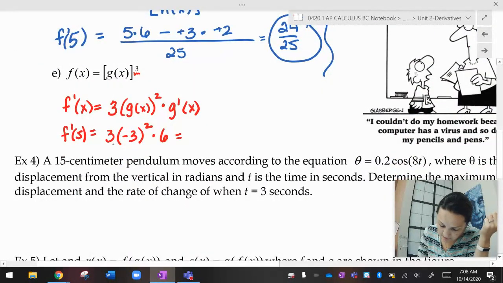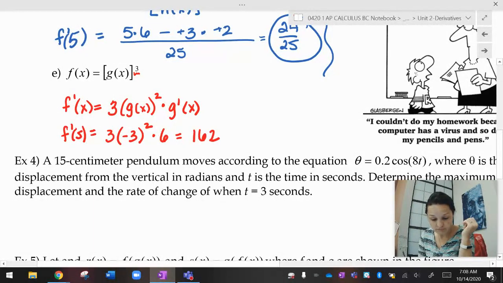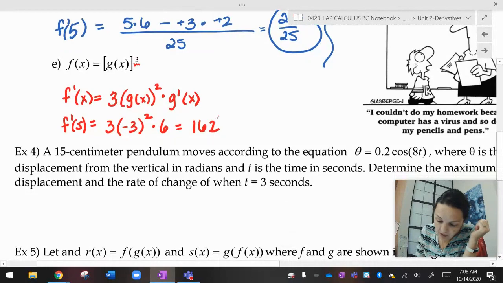So let's see. I have 3 times 9 times 6. 3 times 9 is 27. 27 times 6 is like 27 times 3 times 2, which is 81, 162, I think. Right? 9 times 6 is 54 times 3. Yeah, 162. Yay.